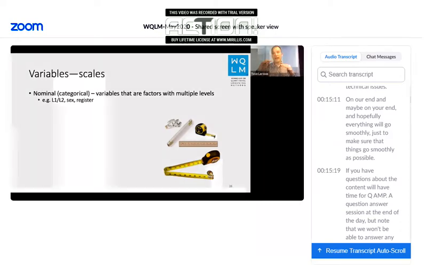These are variables that have multiple levels, but the ordering of those levels doesn't matter. It doesn't have any meaning.